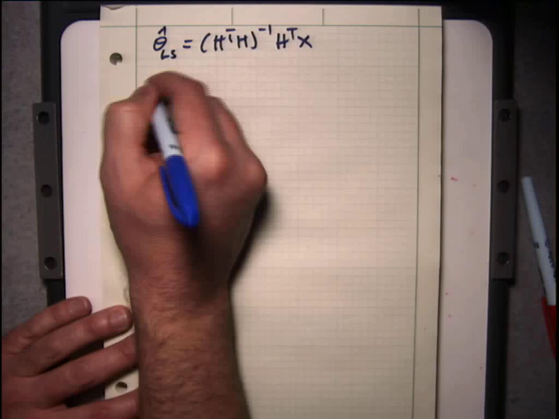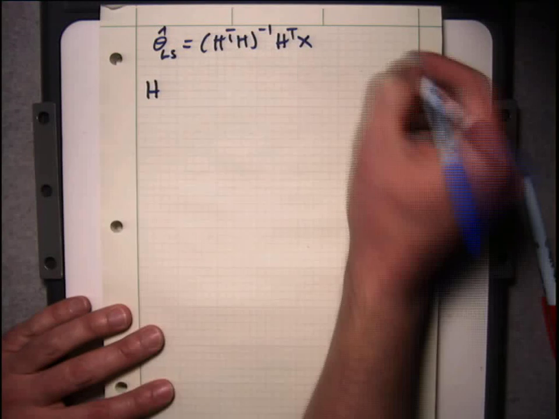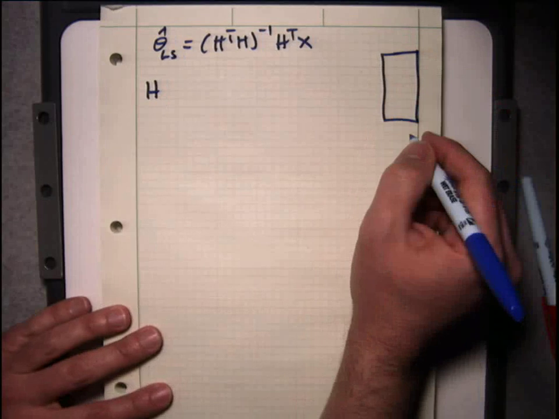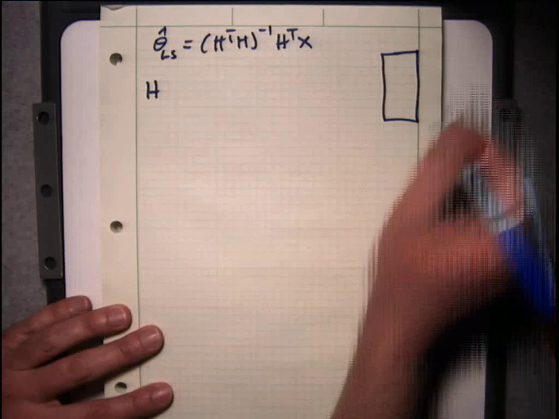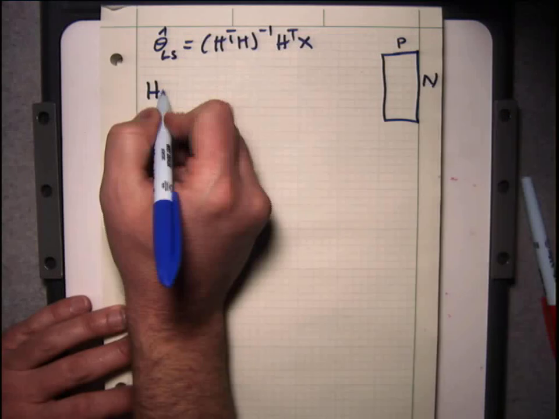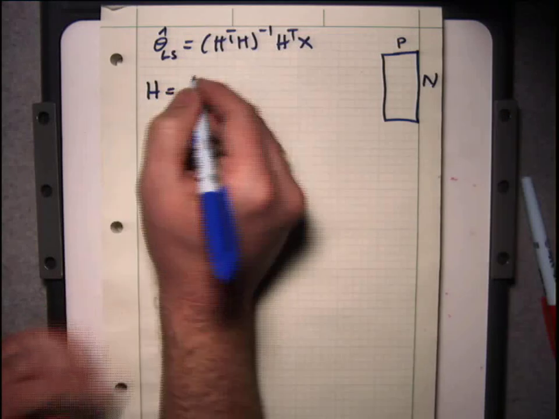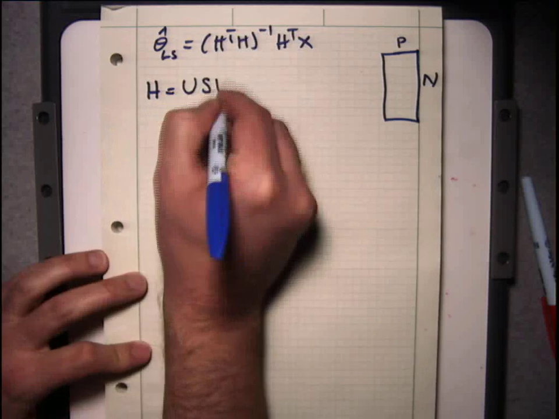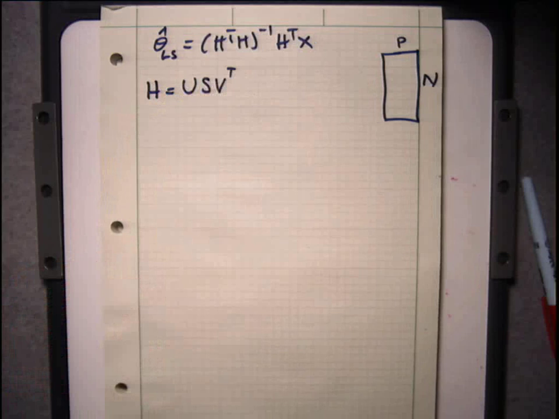And now let me write H, which remember is a matrix like this, right? It has more rows than columns. This is P, and this is N. Number of data points, number of parameters. So if I write this as a singular value decomposition, I can write this as U, S, V transpose, right?